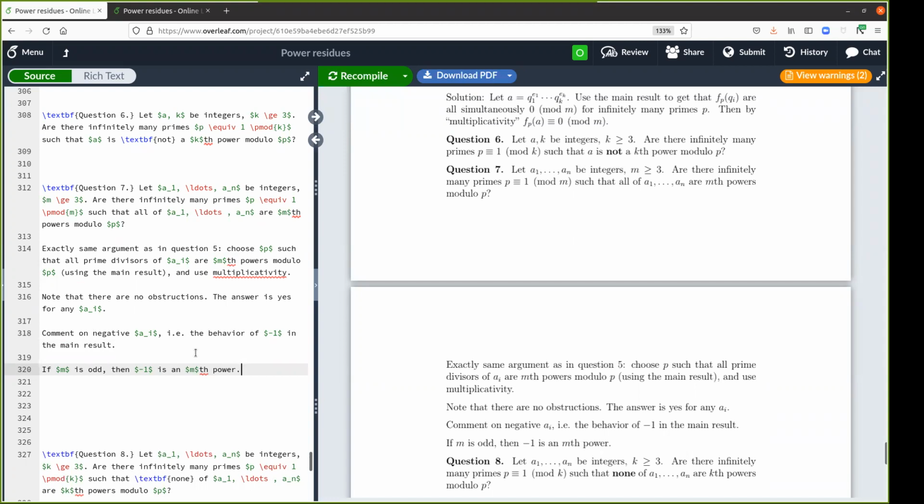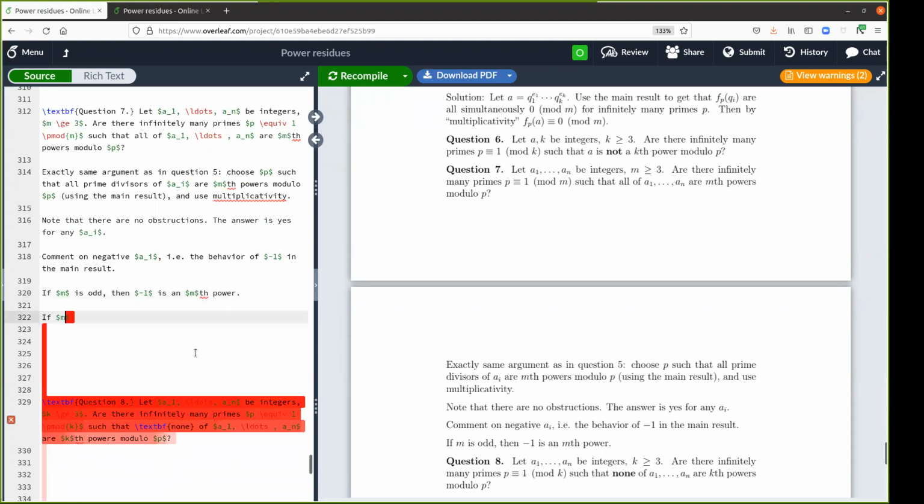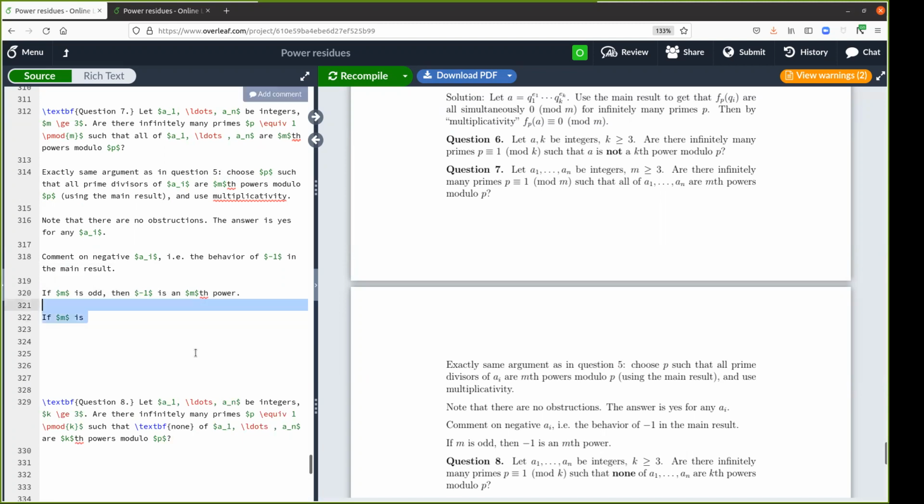Of course, because -1 to the m is -1. Maybe I should also remark that the main result is somehow multiplicative also in the m sense. So note that we have settled the issue for m odd.